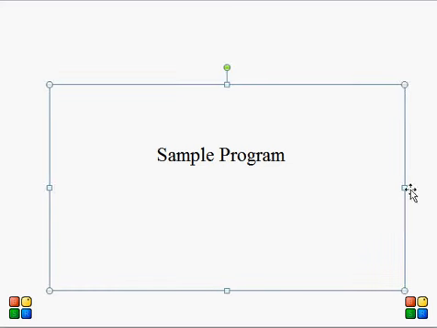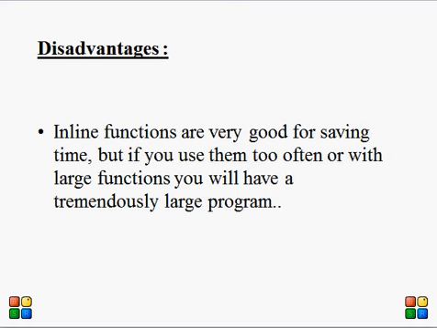But we have some drawbacks with this. I think you might guess the drawbacks. Whenever we use inline functions for functions which have more lines, it leads to performance problems, and it increases the size of the program. Why?